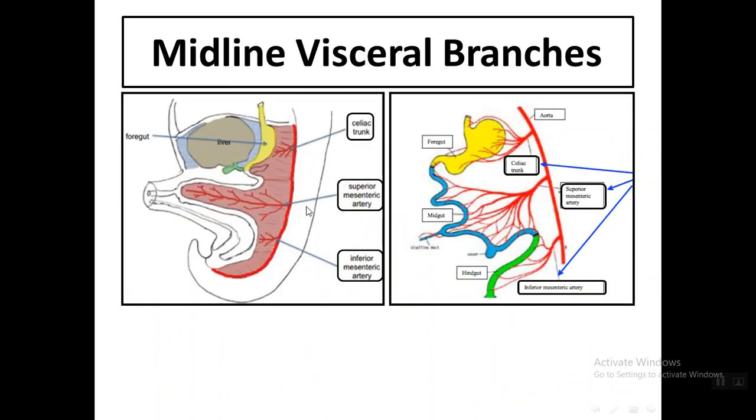These midline visceral branches supply the GI tract. The celiac trunk supplies the foregut, the superior mesenteric artery supplies the midgut, and the inferior mesenteric artery supplies the hindgut. The celiac trunk supplies the foregut with its derivatives, that is liver, gallbladder, spleen, and pancreas.